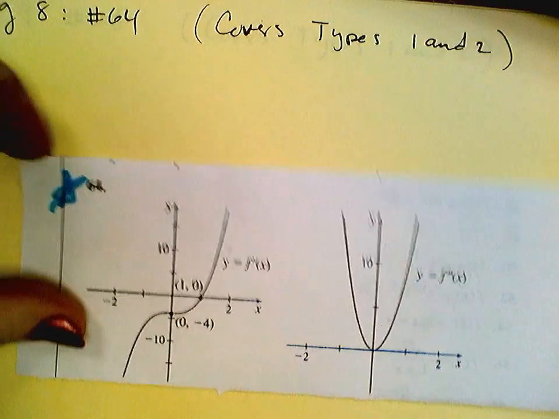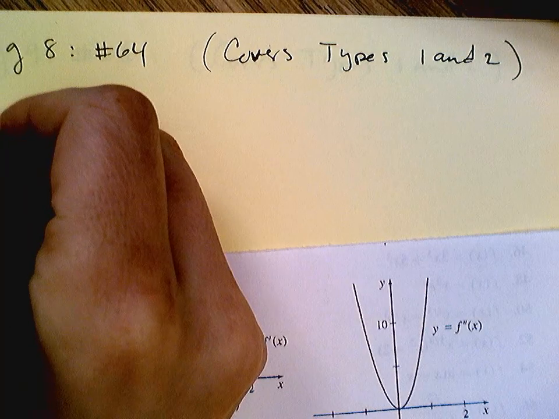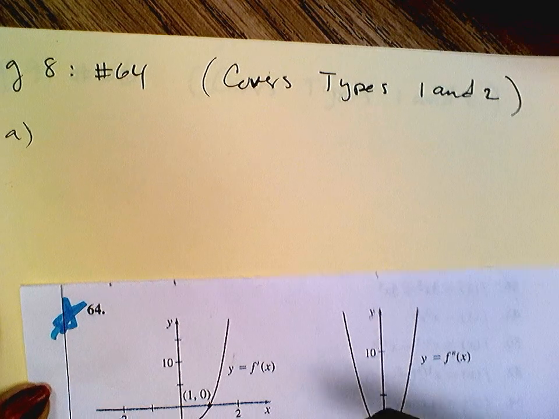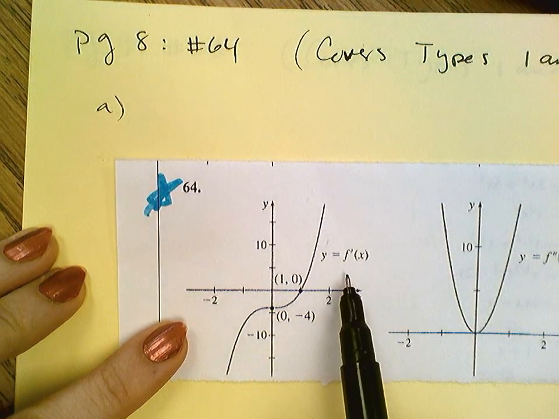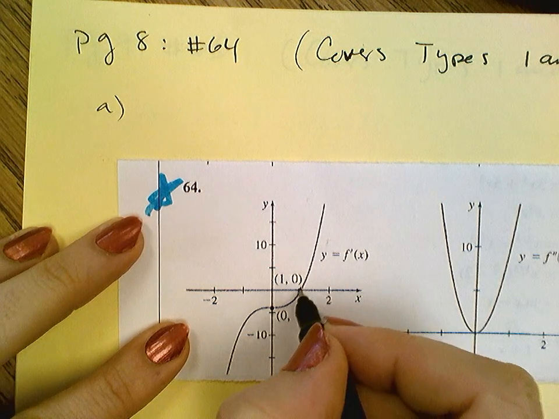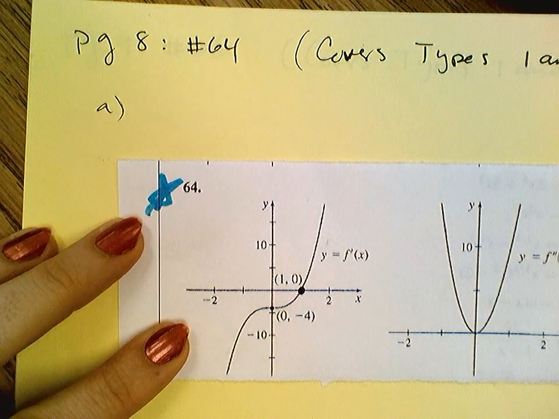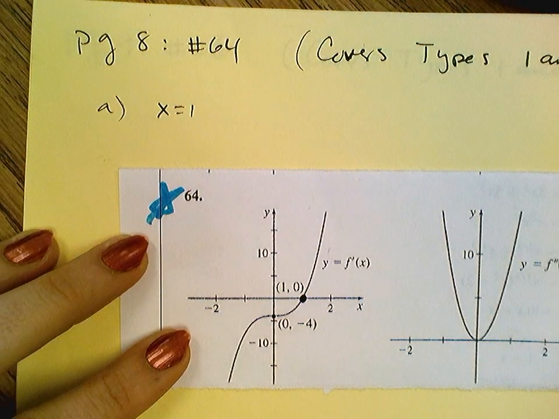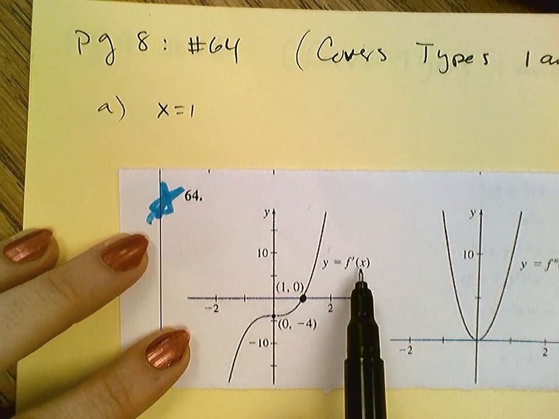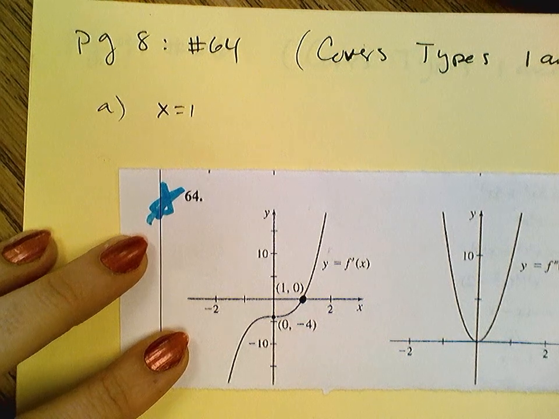All right, so for part A, for number 64, I'm looking at f prime, and it is right here. So x equals 1. That is the only place where f prime is 0 or undefined.